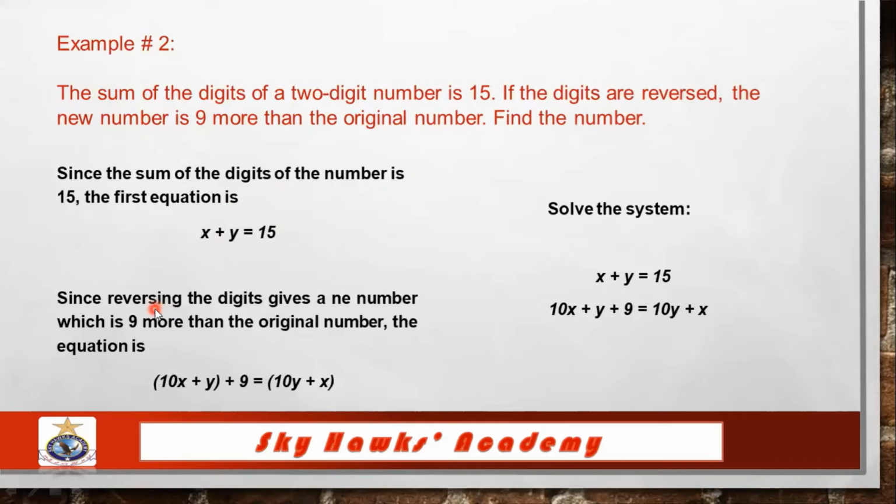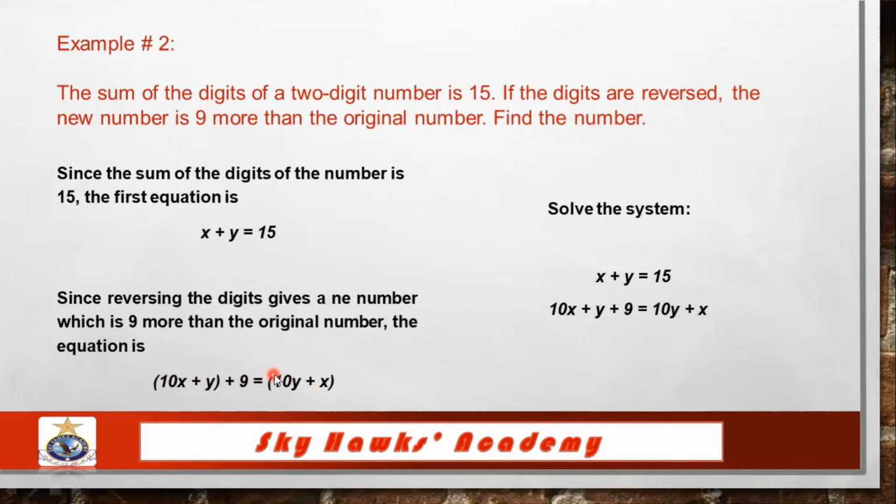Then, since reversing the digits gives a new number which is 9 more than the original number, this was the original, and this was the new when we are replacing the positions. The new one is nine more. So this is the new one when we have reversed the order of the digits.